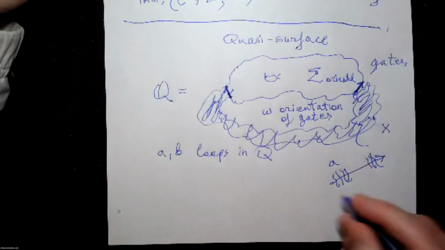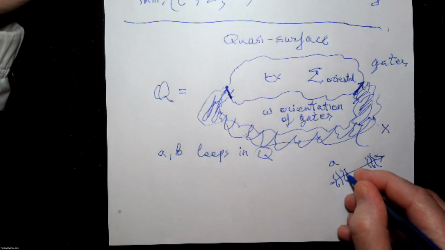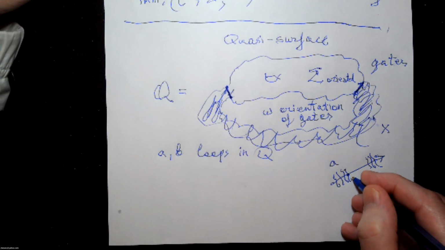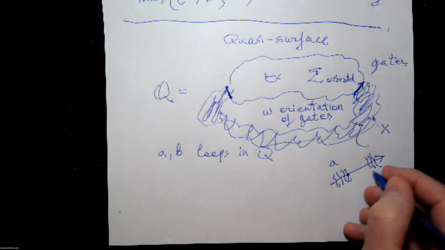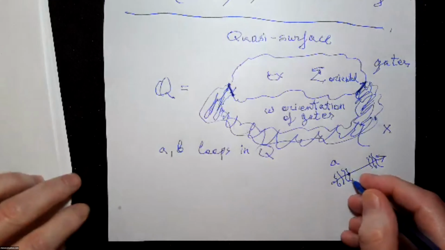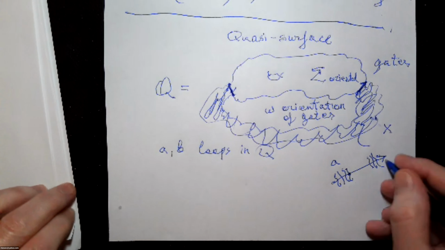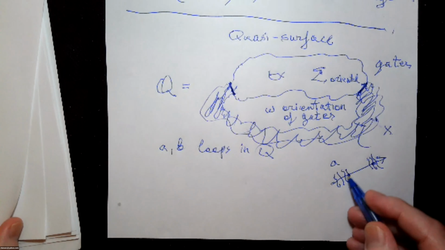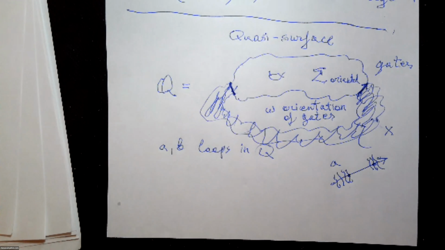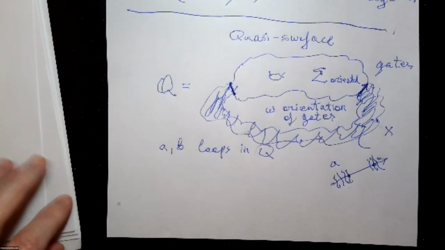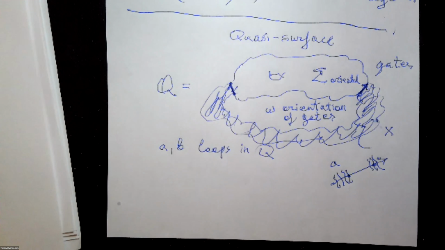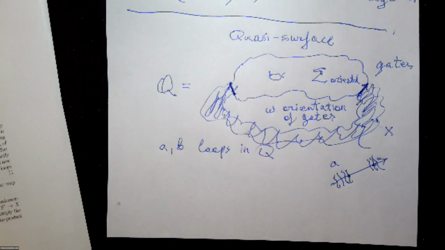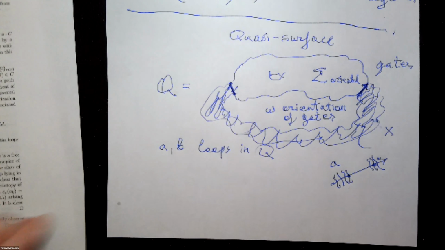So basically what happens is that when A crosses a gate and B crosses a gate, each such pair of points can be considered as a kind of intersection of A and B with respect to this gate.